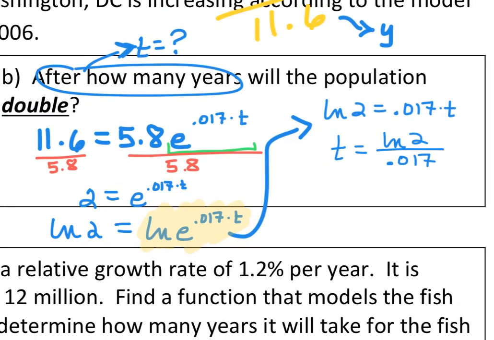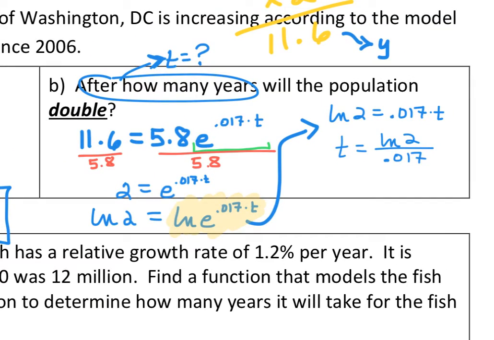Go ahead and type that into your calculator or your Desmos, and you should get t is equal to 40.77 years.